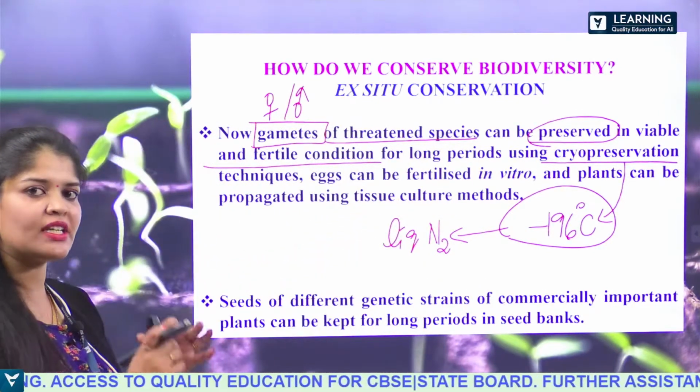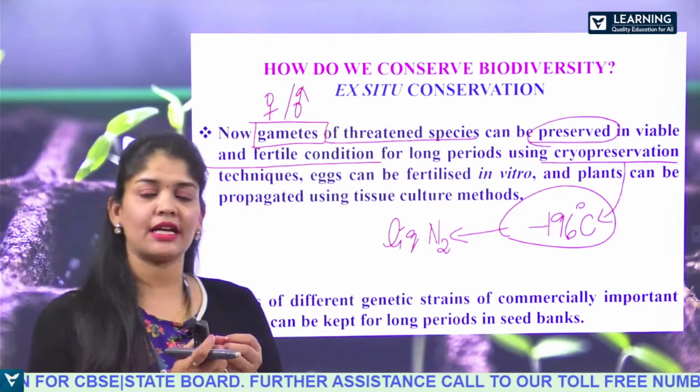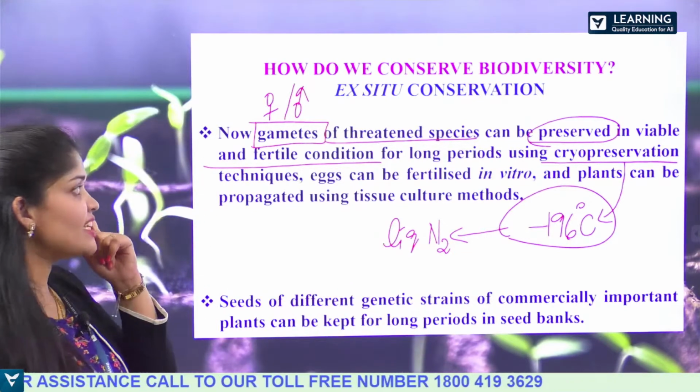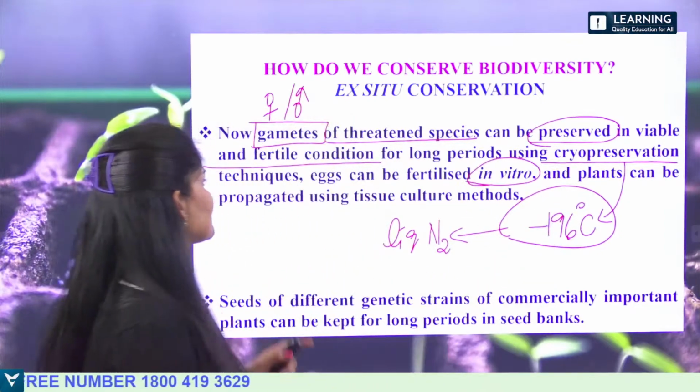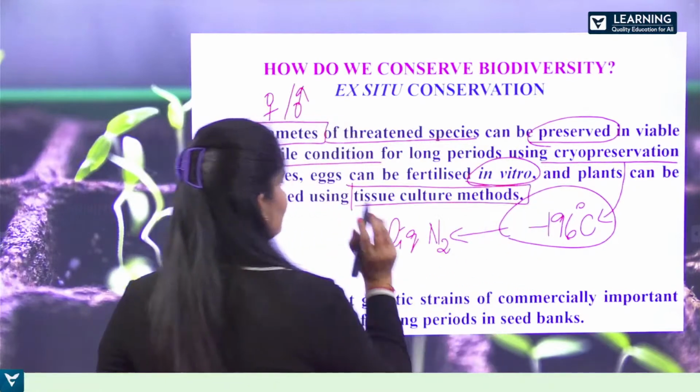By using cryopreservation, we can preserve gametes, seeds, eggs, and we can even maintain seed banks. Let's understand. Eggs can be fertilized in vitro in laboratory conditions, and plants can be propagated using plant tissue culture.